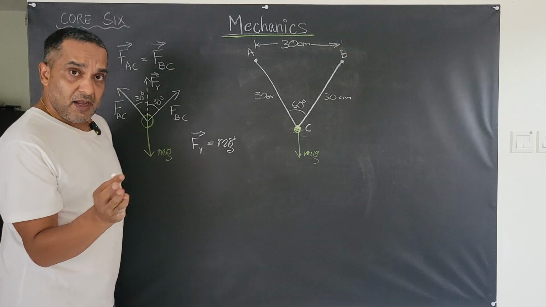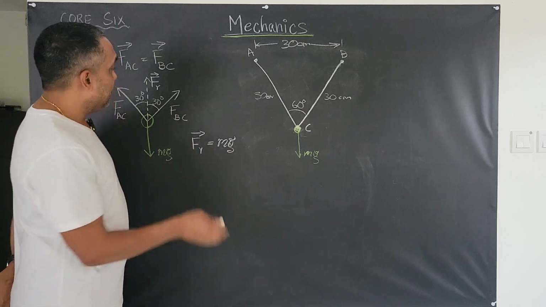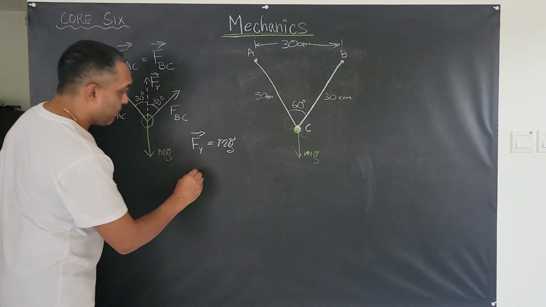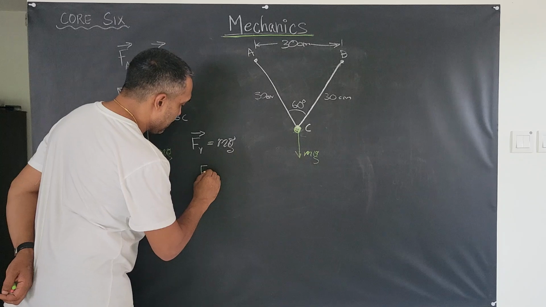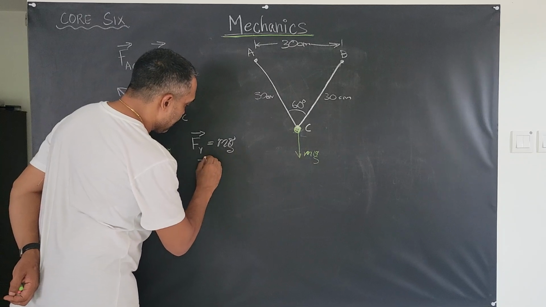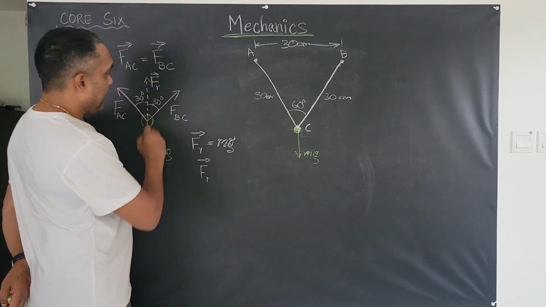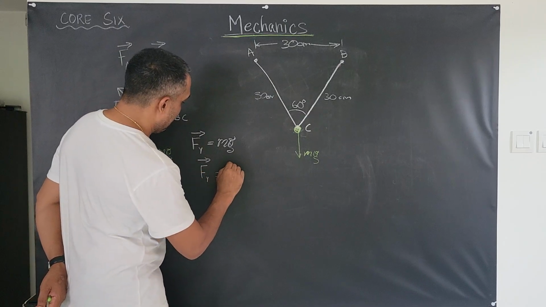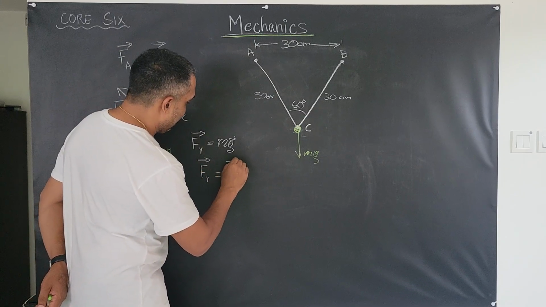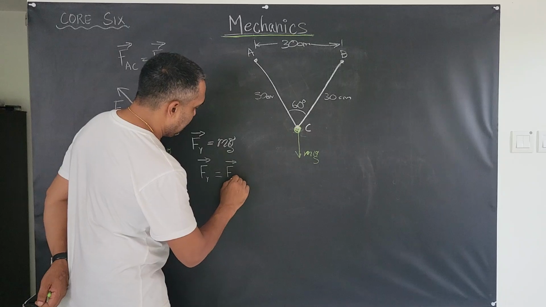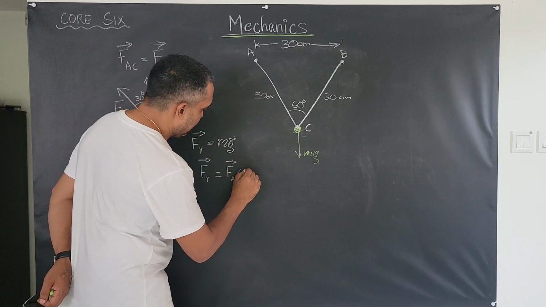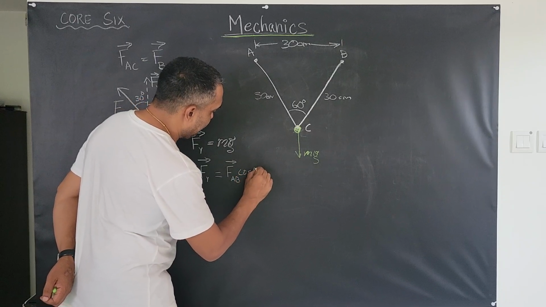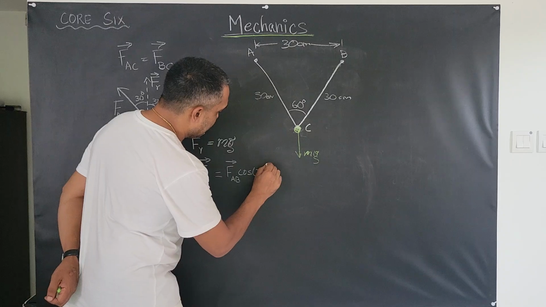We know from our study of vectors, vector addition, effectively FR, with the direction maintained, would be force vector AB cosine of 30 degrees. Why 30?